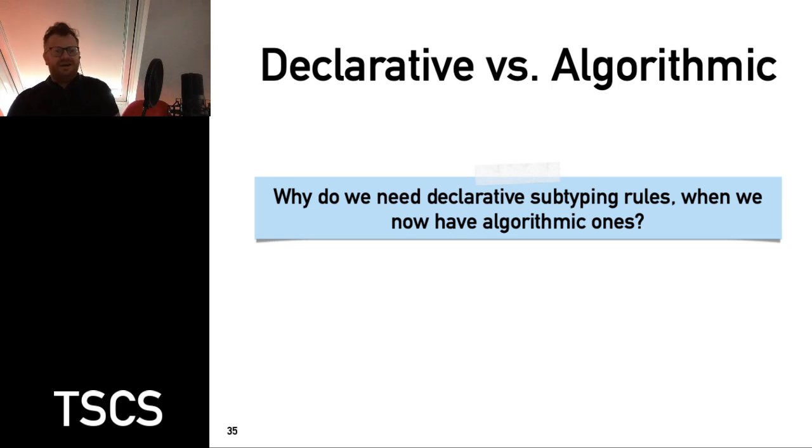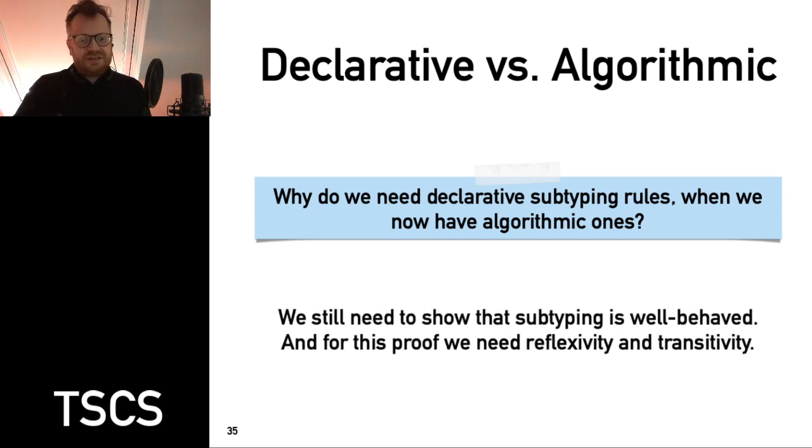Yes, thank you, Kai. The proofs are easier with declarative rules. If you would do a progress and preservation proof with algorithmic rules, and you can try this if you like, we would have a very hard time. It is possible, it is very tedious, because they are equivalent. You should be able to do this, but it's much harder.